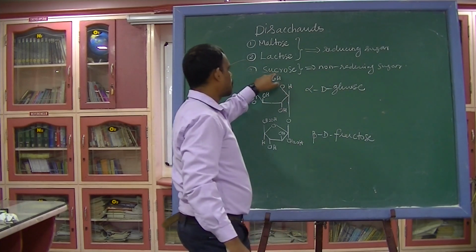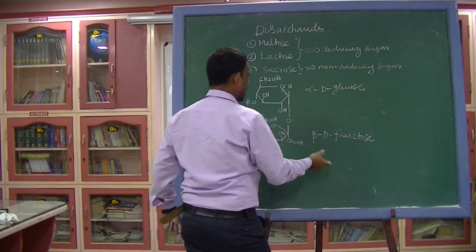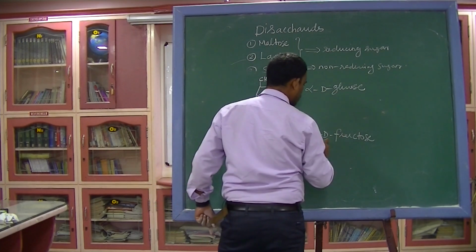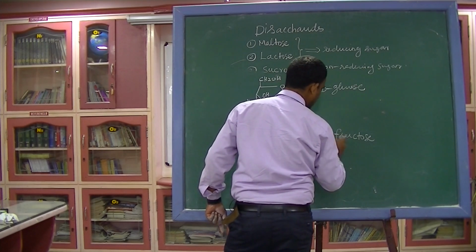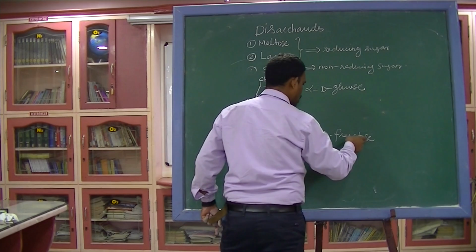So sucrose is a disaccharide made up of alpha D glucose plus beta D fructose.